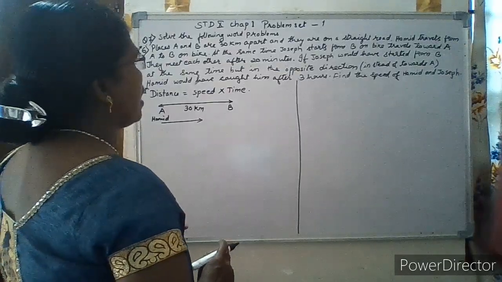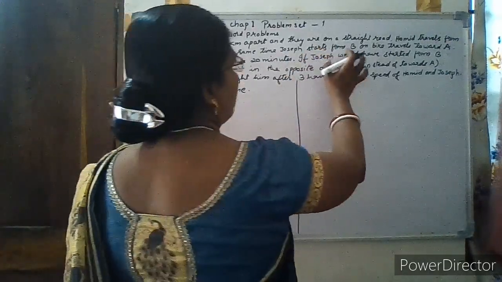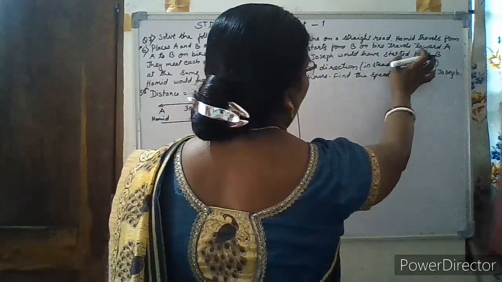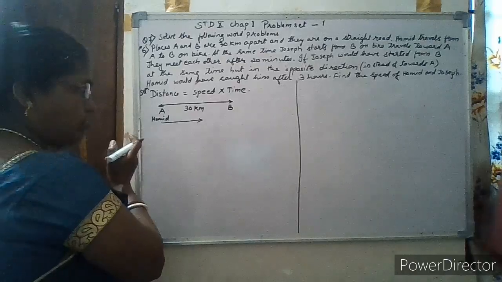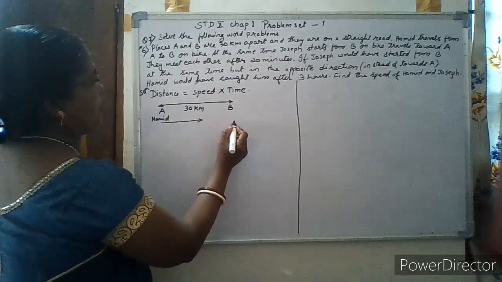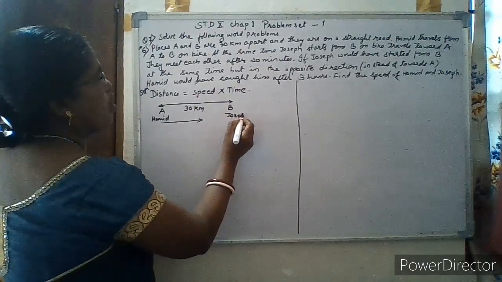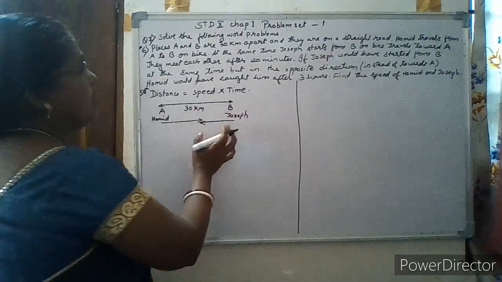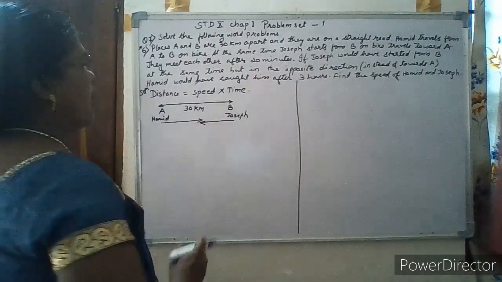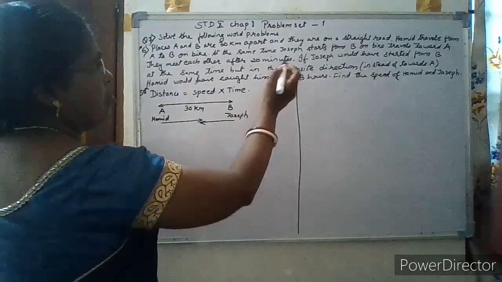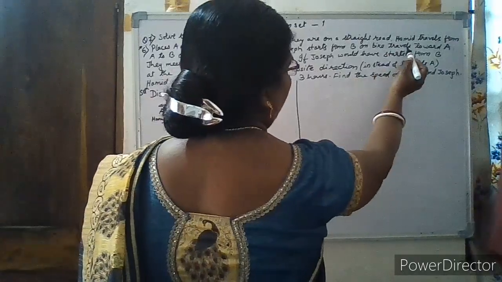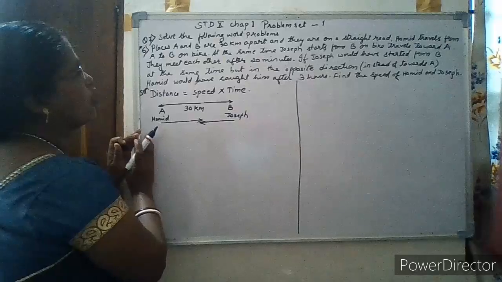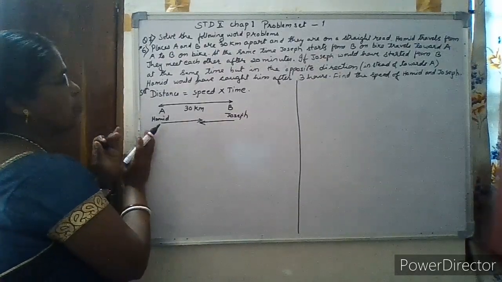At the same time, Joseph starts from B on bike, travels towards A. That means here Joseph has started from B and he is traveling towards A. Now both are traveling on bike, Hamid and Joseph. Hamid is going towards B and Joseph is coming towards A.